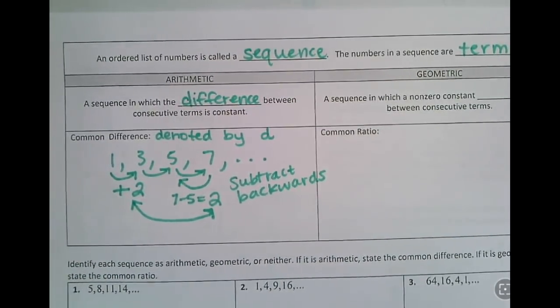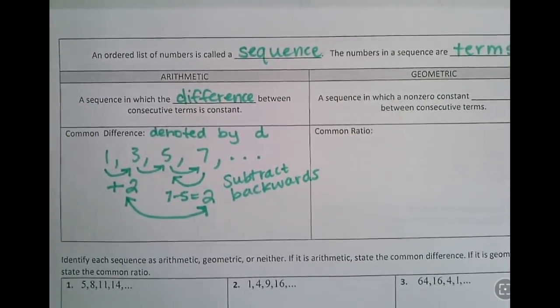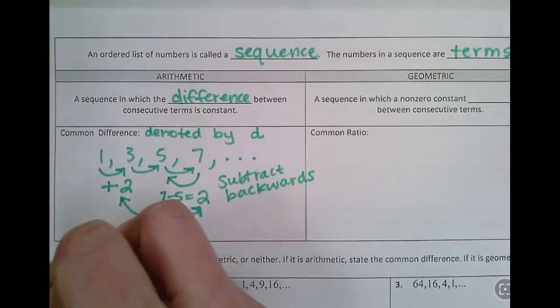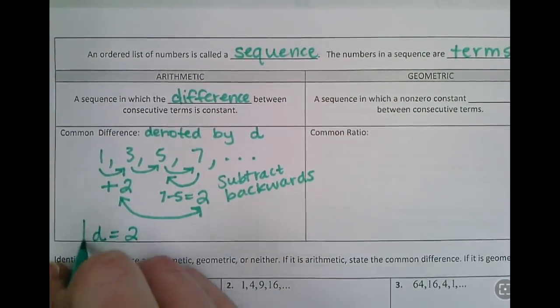Now, some of you might already notice from the front side in the graph, the common difference is the same as the slope in these. It's kind of like linear, oh, this is the slope, this is what it's going up by each time. So for this one, I'm going to say common difference, D equals, and this one is a positive 2.